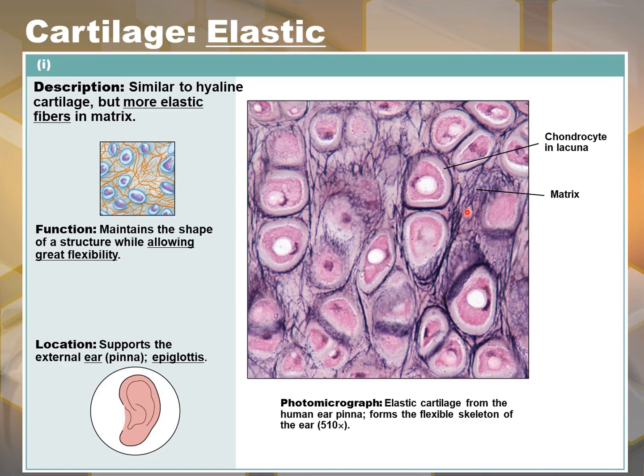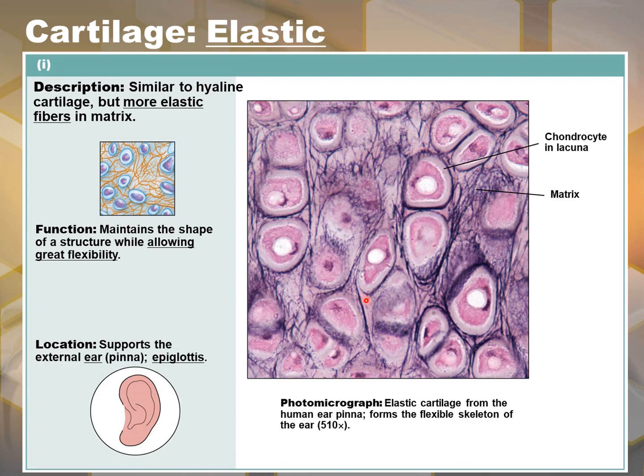Now, elastic cartilage is similar to hyaline cartilage, but we see these dark elastic fibers. Don't get confused between elastic connective tissue and elastic cartilage. We have those two different types of connective tissues that have elastic fibers in them.